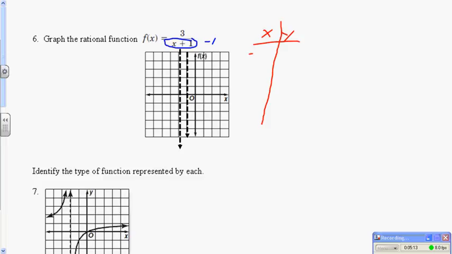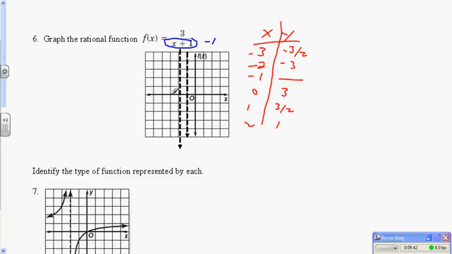So if I go -3, -2, -1, 0, 1, and 2, I've worked these out already, so it's just plugging in. Plug in -3, that would give you -3 halves. Plug in -2, you get -3. Undefined at -1. If you plug in a 0, you get 3 halves. If you plug in a 1, you get a 1.